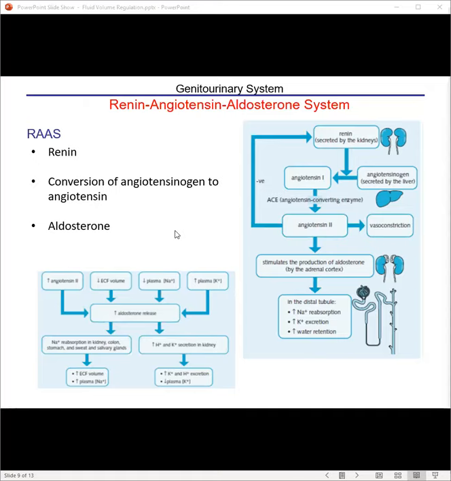So hindi nakakapag-secrete ng hormone. Kasama na dyan, of course, yung aldosterone. So it normally has a non-specific presentation, unless the patient is having an acute adrenal crisis, which is typically life-threatening. So importante yung adrenal. So maliit lang yung adrenal gland, no? Nandyan lang yun sa kidney, malapit.